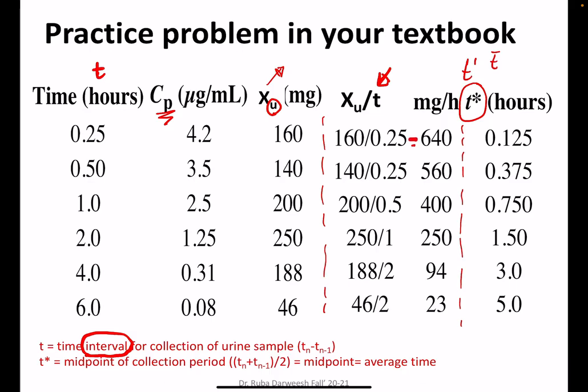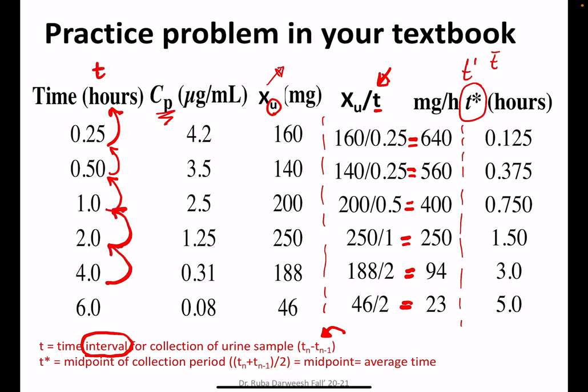For the time interval, for correction of the time, we are using each time interval minus the time interval before it, which means 0.25 minus 0, 0.5 minus 0.25, 1 minus 0.5, 2 minus 1, 4 minus 2.